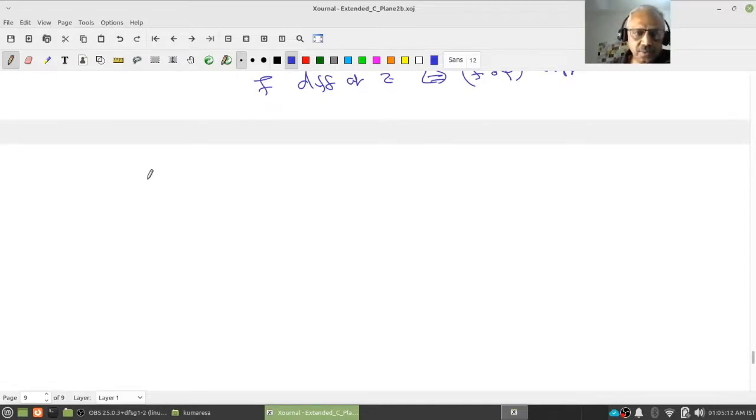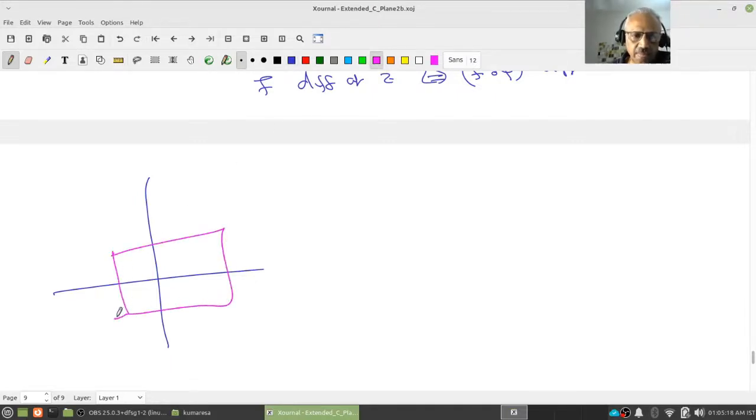So, again, let's look at the picture. This is my compact thing, and this is my point at infinity. Suppose I have z here, then differentiability of f at z can be defined in two ways.